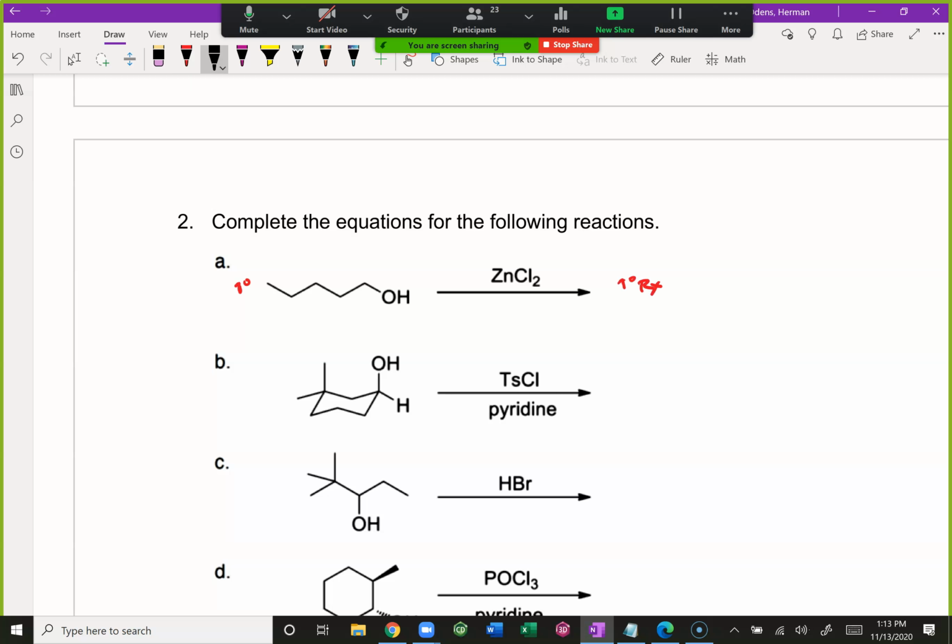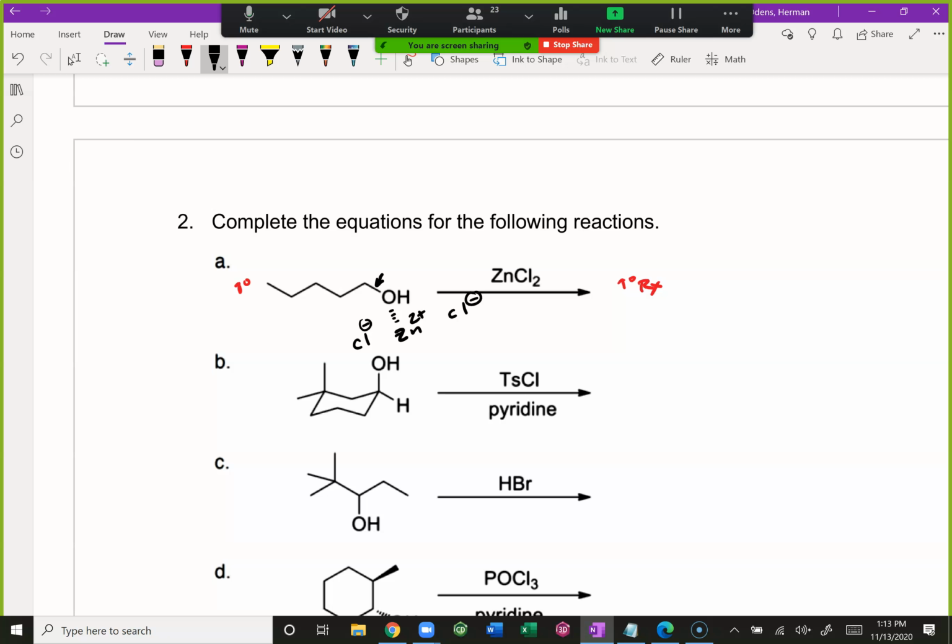Since this is an ionic compound, the zinc will coordinate with the oxygen, so you have something like this, where this is zinc 2 plus, and you have the minus here and the minus here. The zinc acts as a Lewis acid, and it pulls the electrons from the oxygen towards it, making this bond breakable.